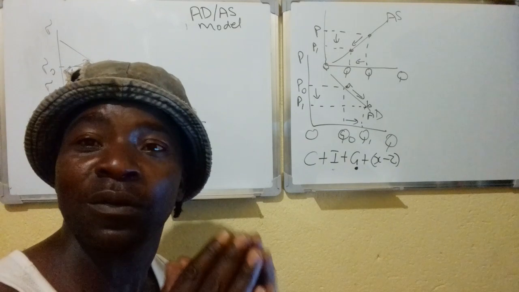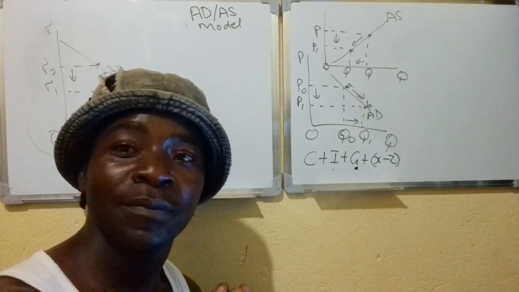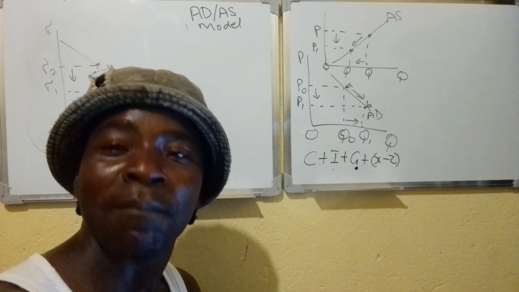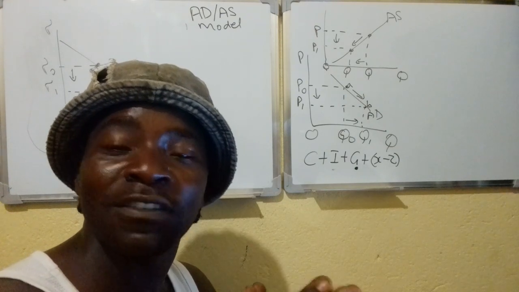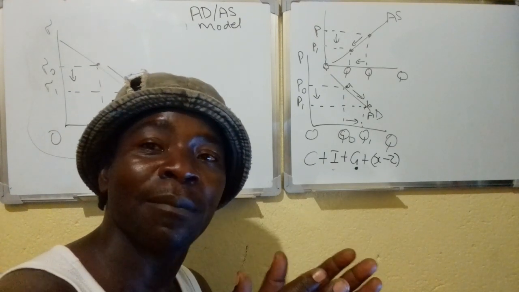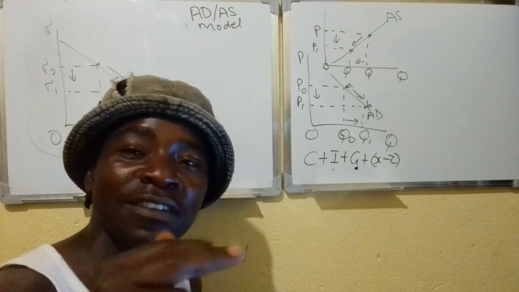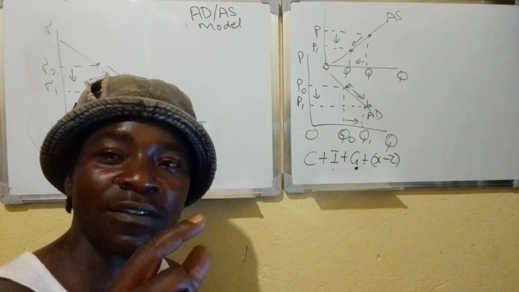So government's role in the economy should be very minimal. That's what they believe, while Keynes believes no way. Markets are unstable, are unequally distributing income and whatever. So government intervention is very important in the economy. So you need to catch those two differences.